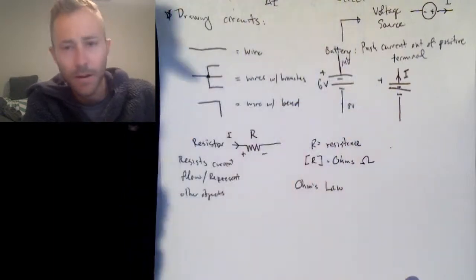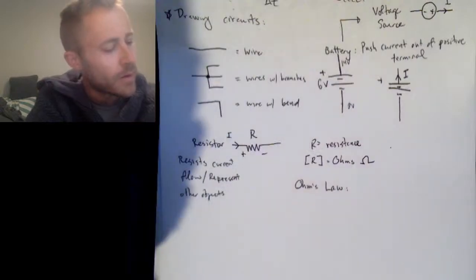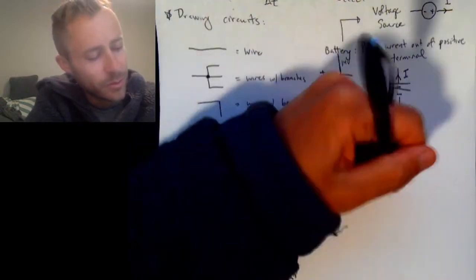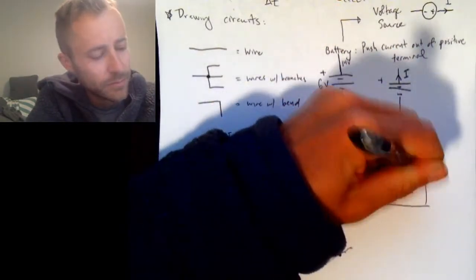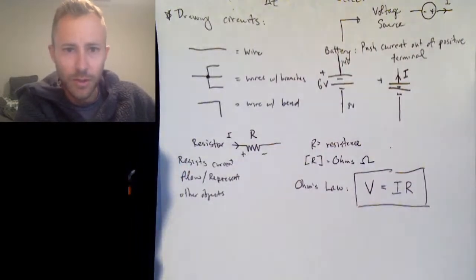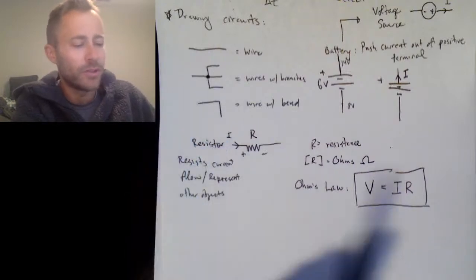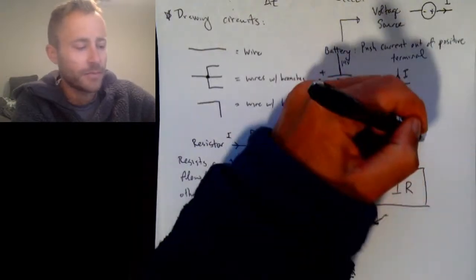It says that the potential difference across a resistor is equal to the current times the resistance. That is one of the most fundamental circuit equations, probably the most fundamental circuit equation. What this says is that we could rearrange it.